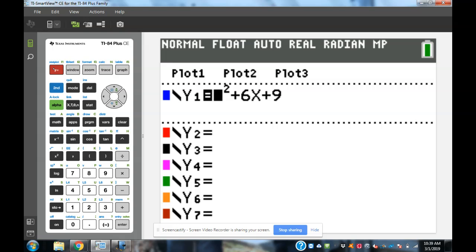X squared plus 6x plus 9. Now it's second and second.